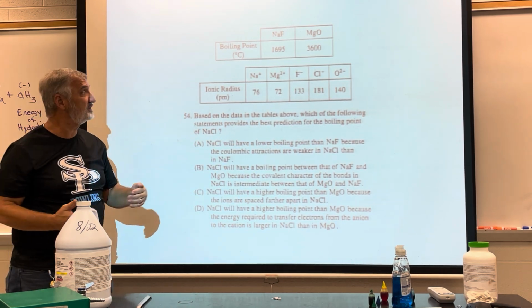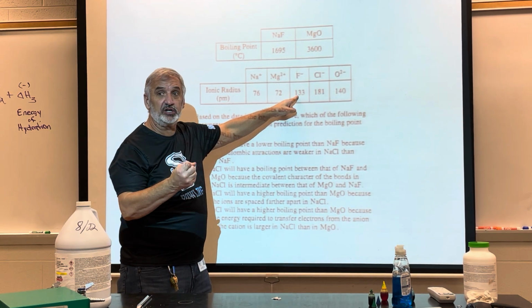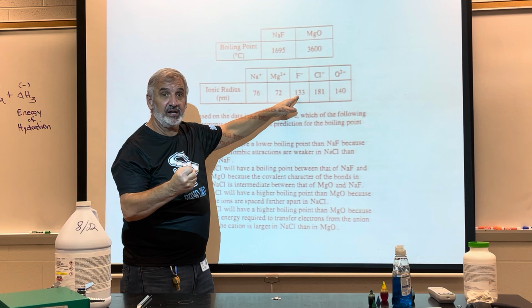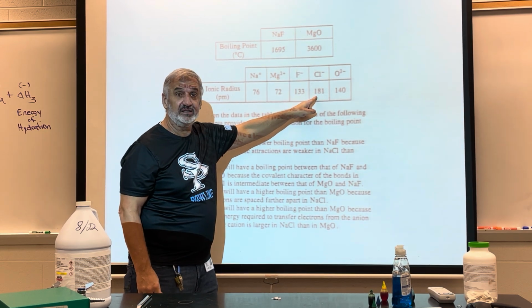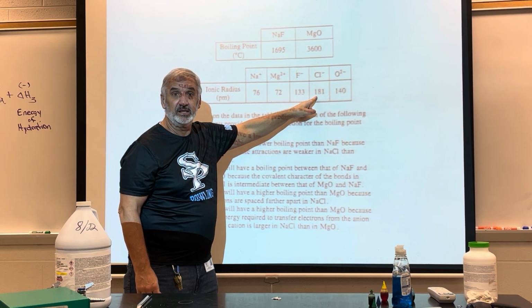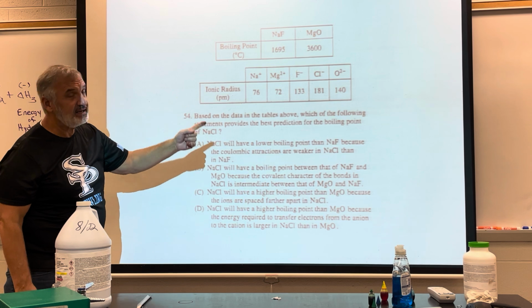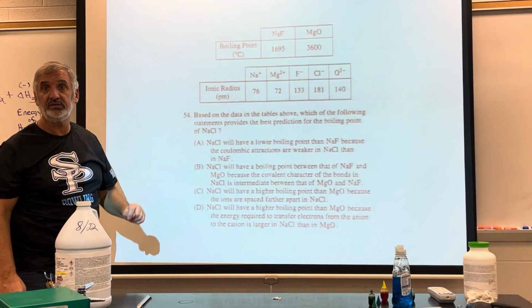Smaller. The smaller one's going to be larger. So the NaF is going to have a stronger lattice energy, greater lattice energy than the NaCl. So what does that mean about the melting point of NaCl? It's going to be lower. So it's going to go NaCl, and then NaF, and then MgO.